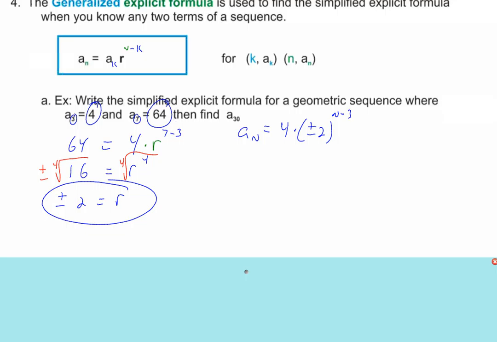That 4 was the third term, so we have to do n minus 3. So again, a sub n, this is our earlier term, and this is the n value of our earlier term to get an explicit formula in simplified form.